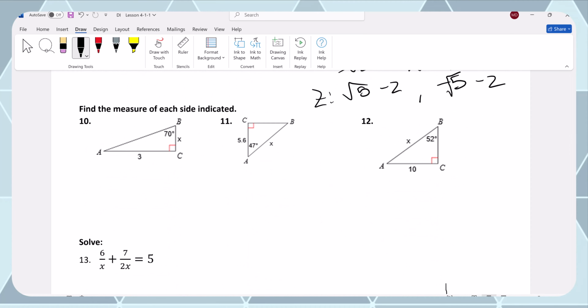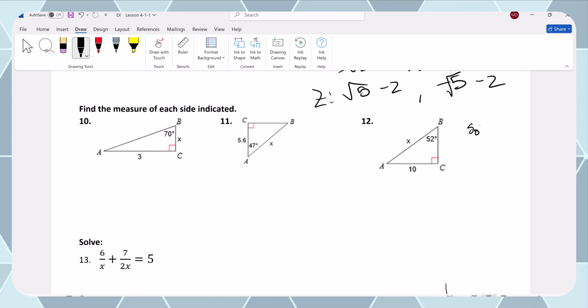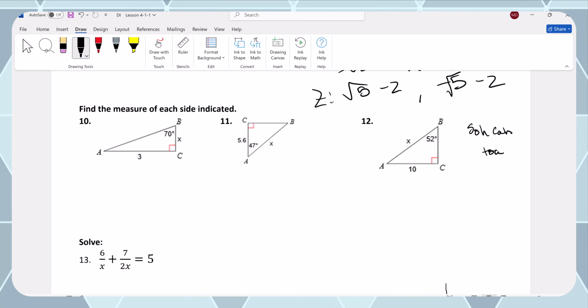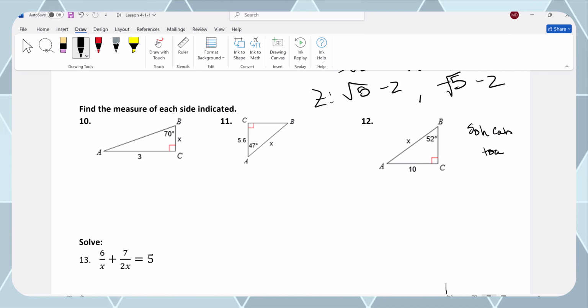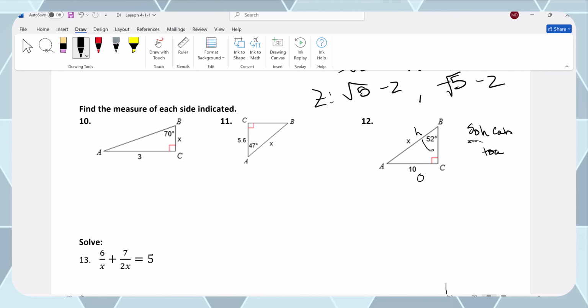So finding the measure of each side here, this is where we use SOHCAHTOA again. This is something that we should know from Integrated 2. So like number 12, based on this angle, I have my opposite and my hypotenuse. So I know it's going to be my sine ratio.